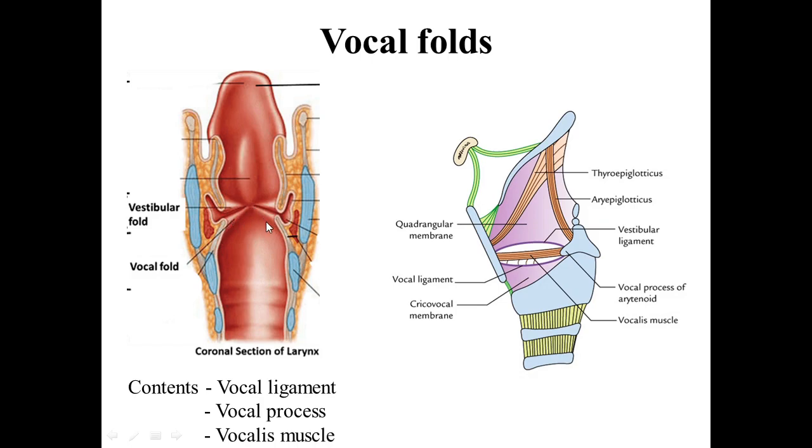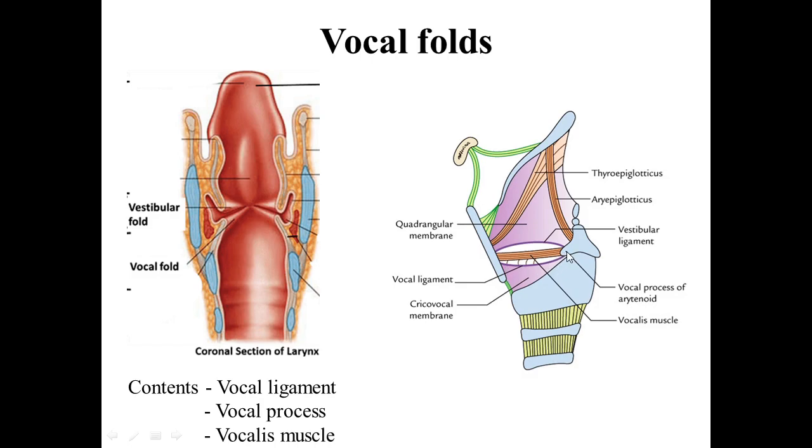Now these vocal folds contain the vocal ligament, the vocal process of arytenoid cartilage and the vocalis muscle. Here, this is the vocal ligament, and it extends from the thyroid angle to the arytenoid cartilage.